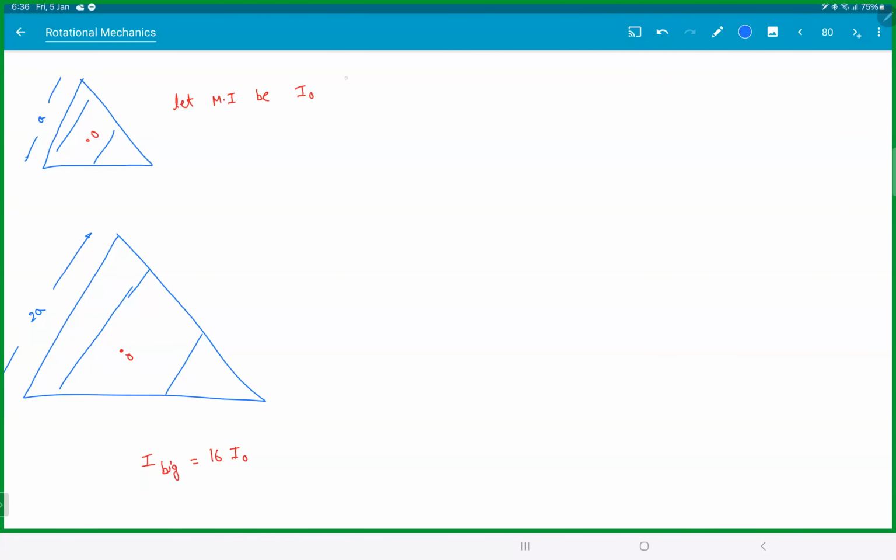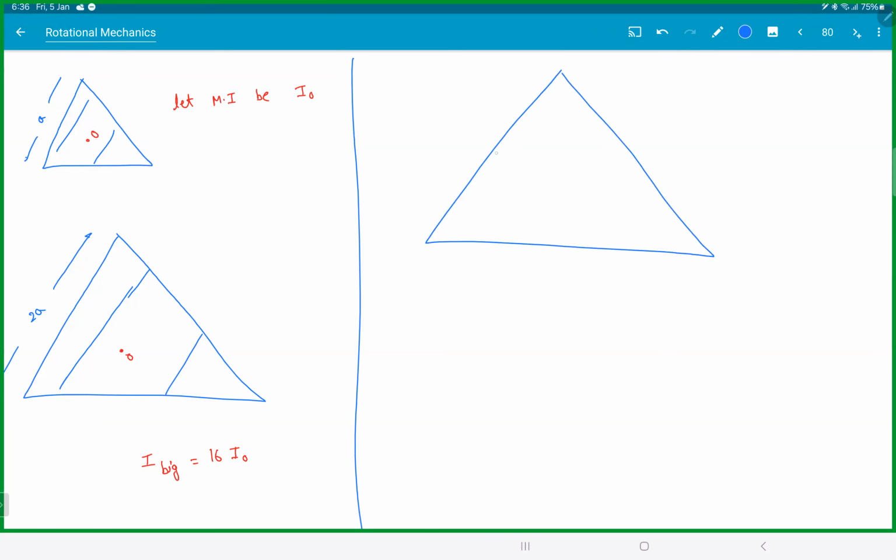Now there is a symmetry in this big triangle. If you observe, this big triangle is actually made of 4 small triangles, where this is the O which you want to find, the centroid. Let's call this thing O1, this O2, and this O3. So for this triangle, IO1 is same as IO, right?